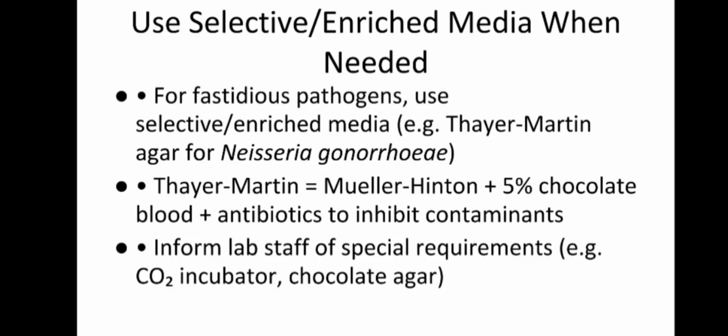So for fastidious pathogens, use selective enriched media. Here the only example given is Neisseria gonorrhea, just to show there is a selective media. Thayer-Martin is basically Mueller-Hinton plus 5% chocolate blood plus antibiotics to inhibit contaminants, generally used in clinical settings. Inform lab staff of special requirements and storage conditions.